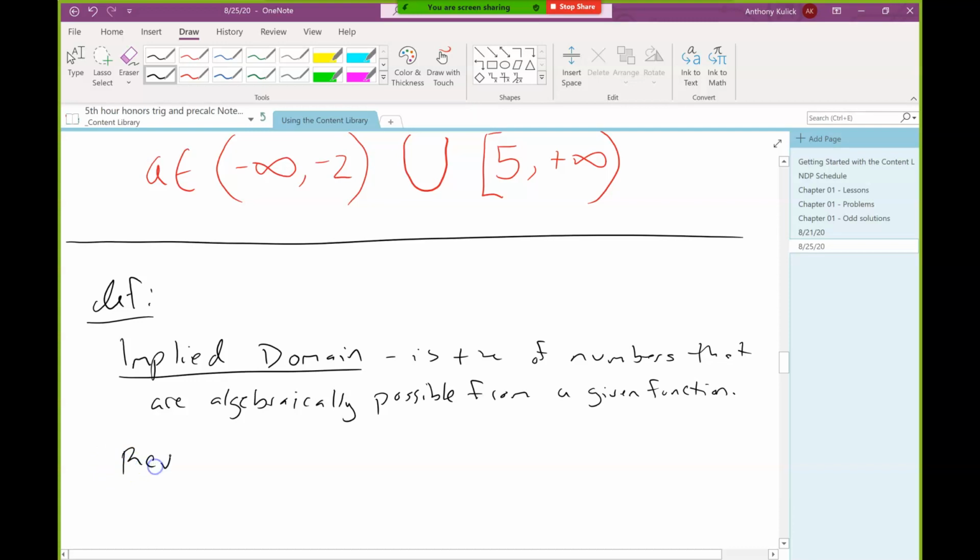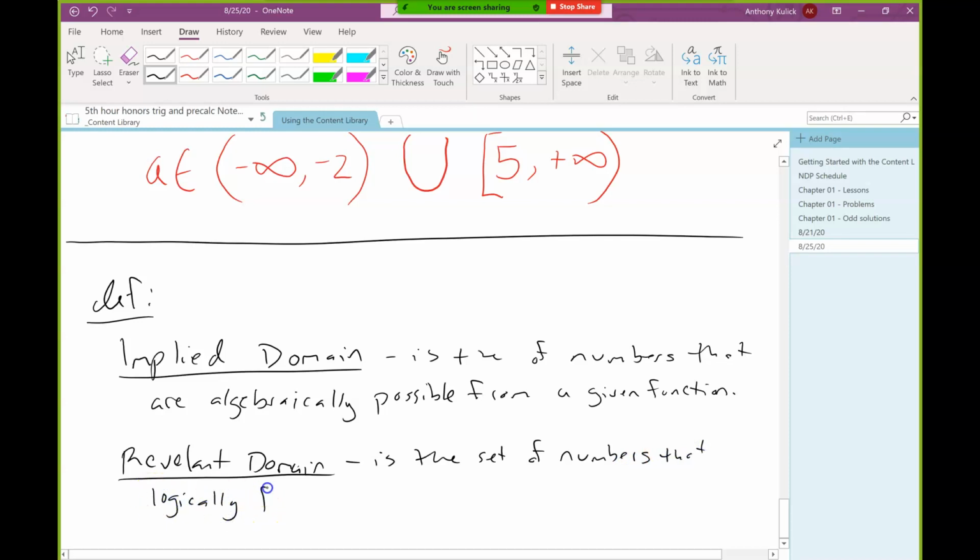And a relevant domain is the set of numbers that logically fit based on the given situation.